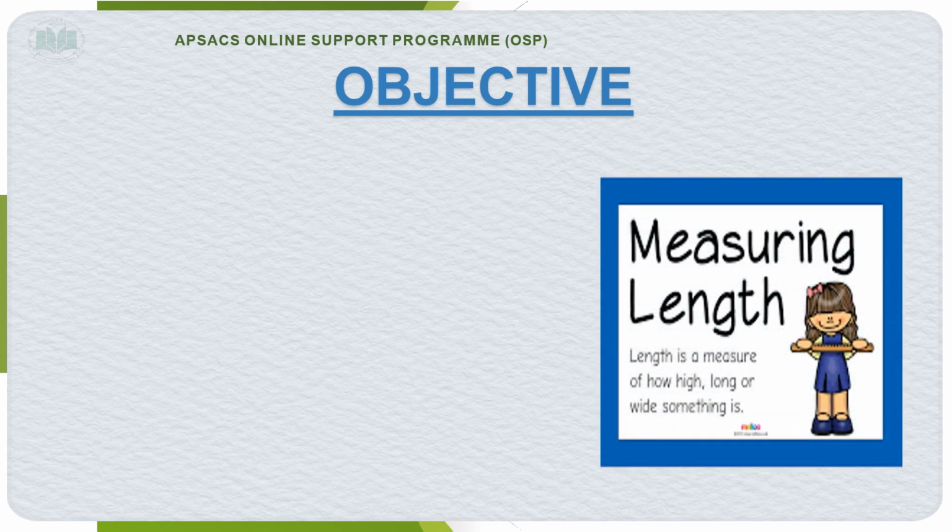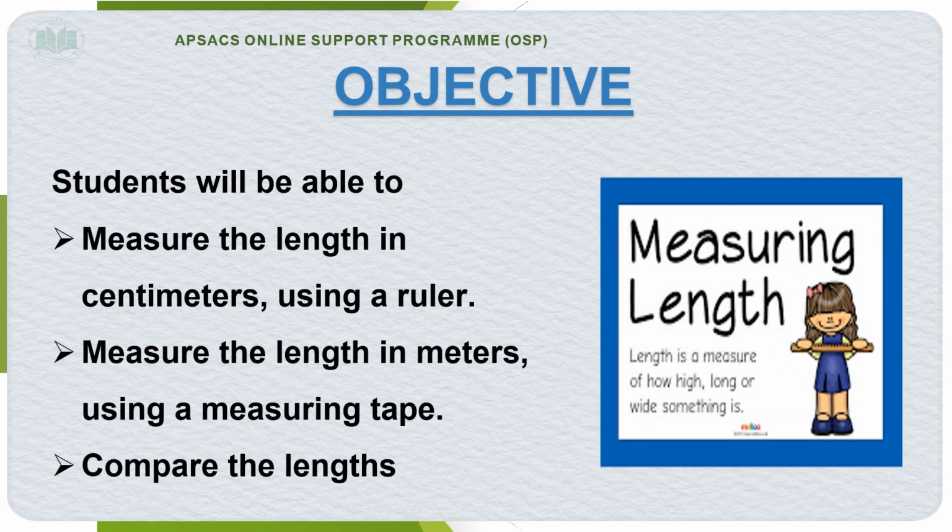Our objectives today are, as you know, the topic is measuring length. So objectives are: measure the length in centimeters using a ruler, measure the length in meters using a measuring tape, and we will also learn how to compare the length.